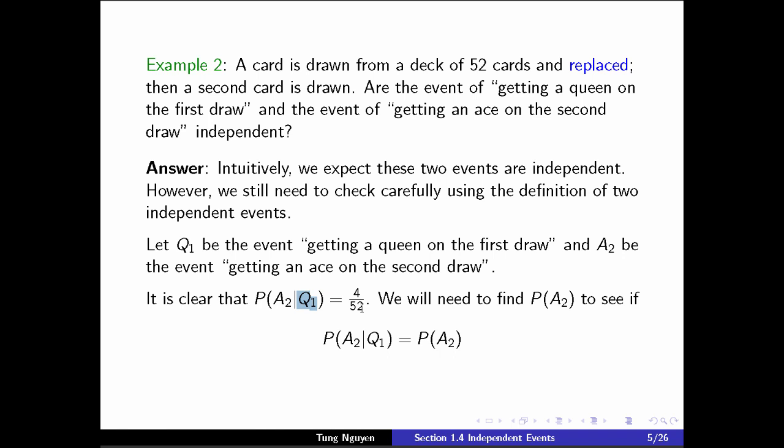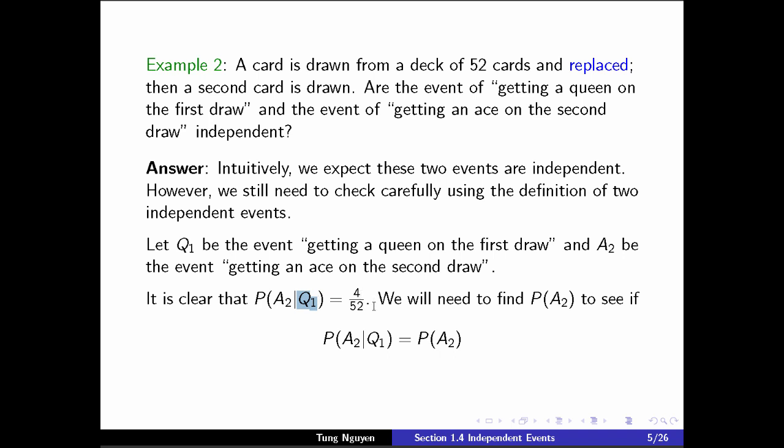Because after we draw the first card, we replace it, so the deck still has a full 52 cards, and we still have all 4 aces.